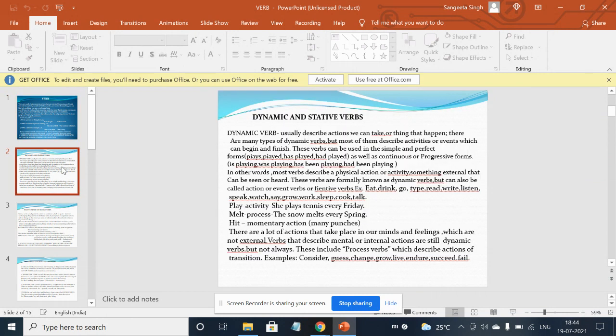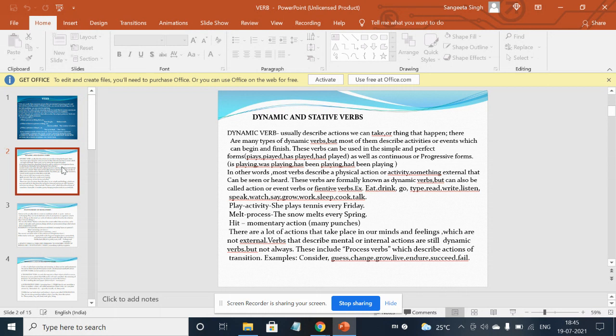Now, the verbs. First, we discuss two kinds of verbs, dynamic and static verbs. Dynamic verbs usually describe actions we can take or think that happen. There are many types of dynamic verbs, but most of them describe activities or events which can begin and finish.